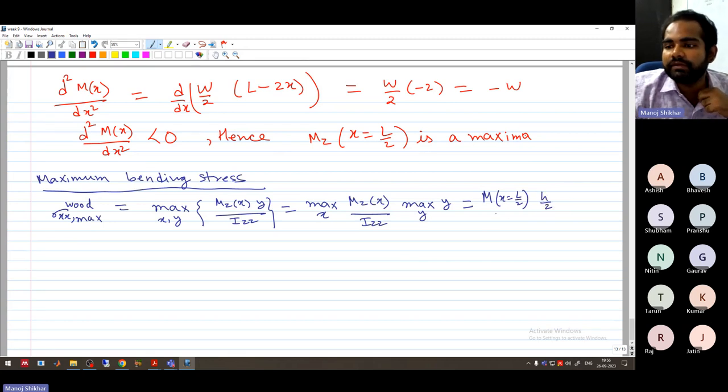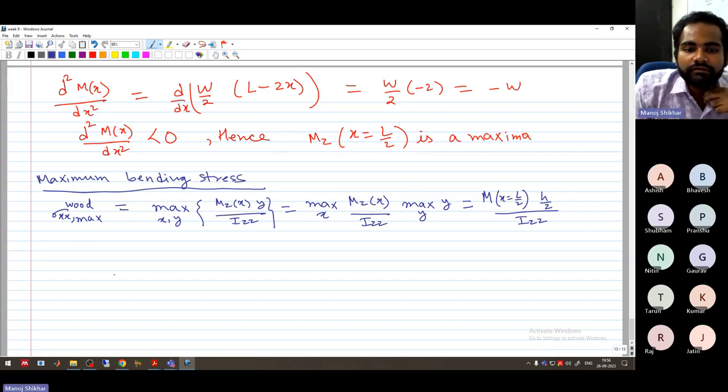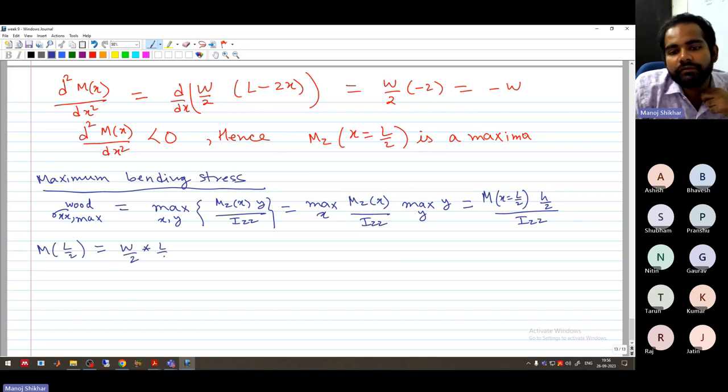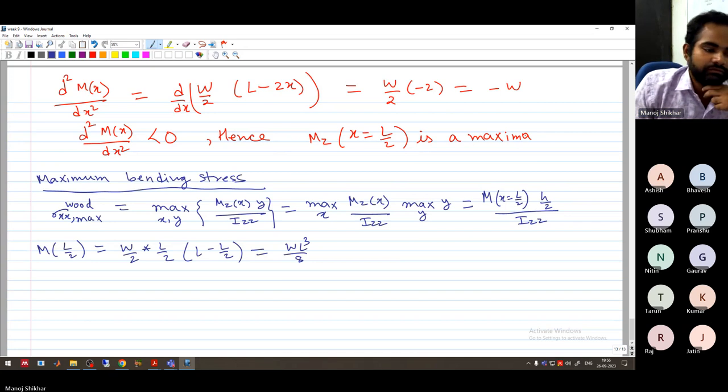So here it will be h by 2 and here it will be Izz. So what is M at L by 2? This is W by 2 into L by 2 into (L minus L by 2). So W L square by 8.